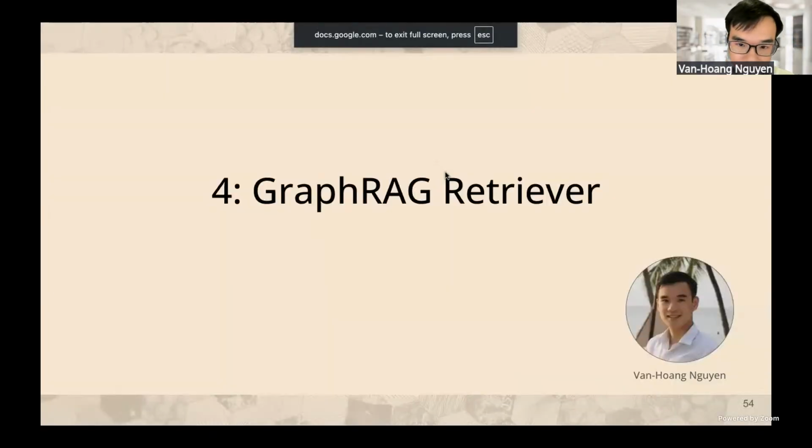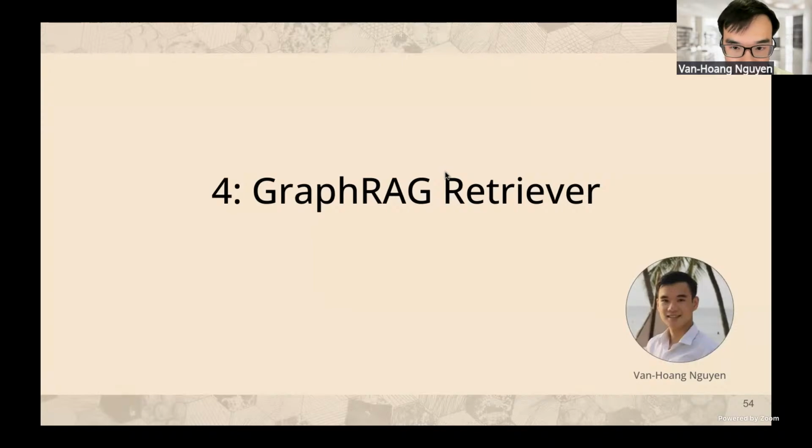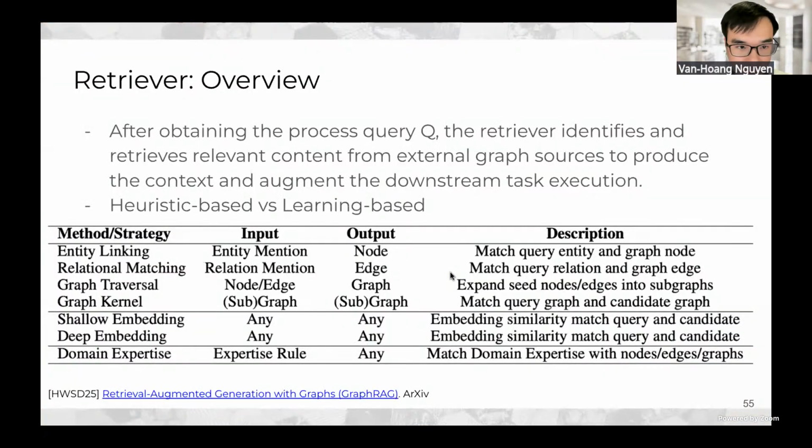Okay, so thank you, Hongyi, for the presentation on the query processor. So next I'll present about the retrieval module of GraphRAG. After we have obtained the processed query, the retrieval task is to identify and retrieve the relevant content from the external graph sources in order to produce the context and augment the downstream task generation. For this presentation, I'll mainly review two types of retrieval, the heuristic-based and the learning-based.